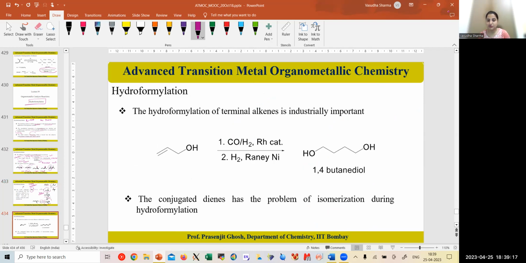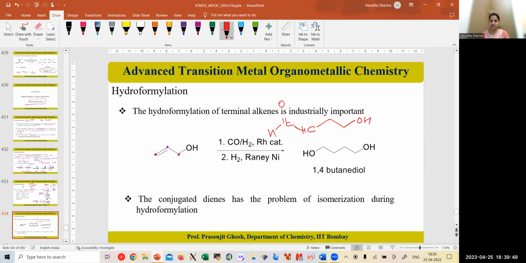The hydroformylation of terminal alkenes is industrially very important. The first step is that we have this 3-carbon chain, and it will form a CHO over here. So firstly, it will form the CHO. The first step is that the other group is not going to do anything, so this will become CH2.